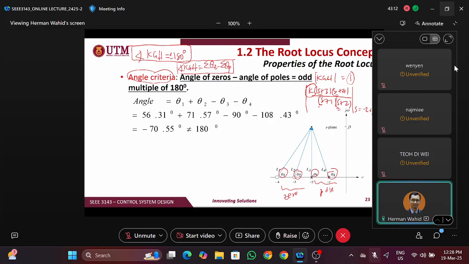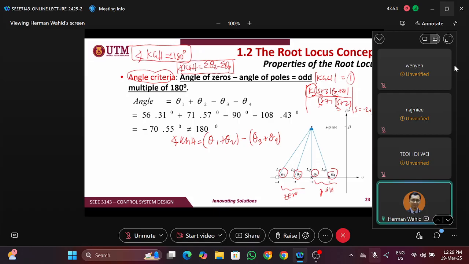If you're using this formula, the angle of KGH is given by theta 1 plus theta 2, which is the angle of zeros, minus theta 3 plus theta 4, which is the angle of poles. Or you can write it like this: if you open the bracket, then we have minus theta 3 minus theta 4. Then our task now is to get the values for all those thetas: theta 1, theta 2, 3, and 4.